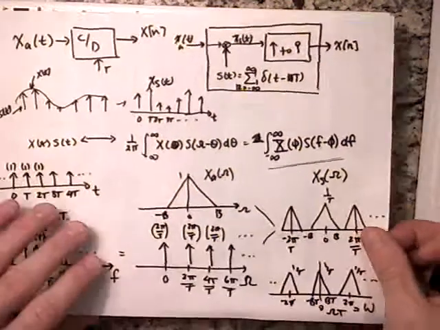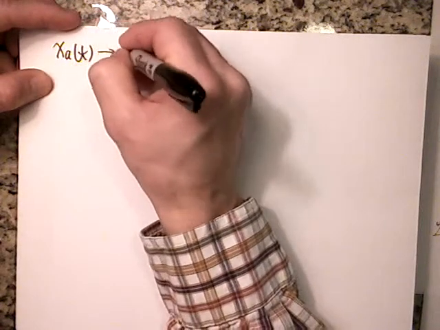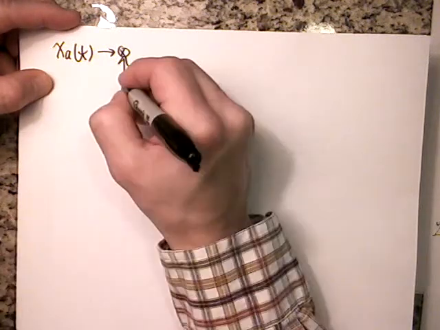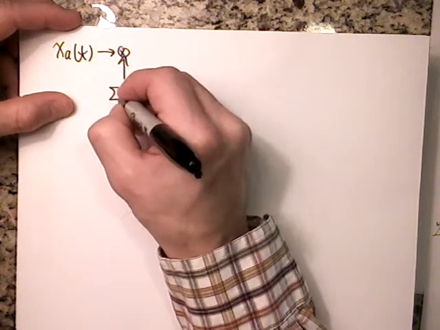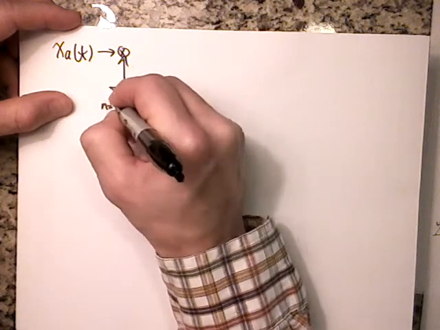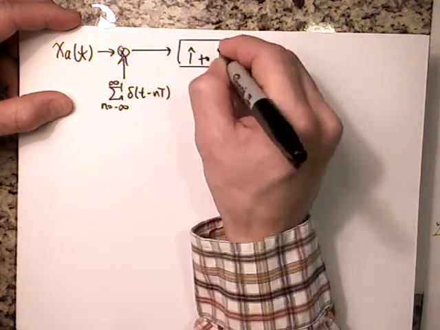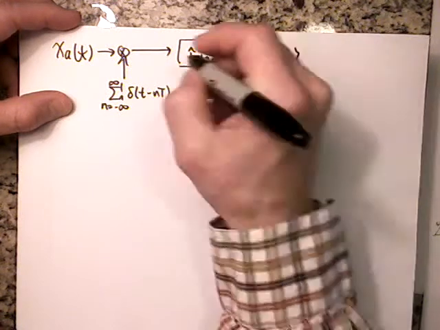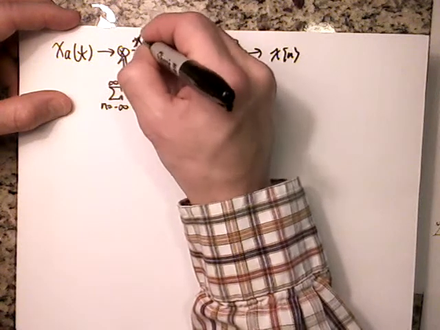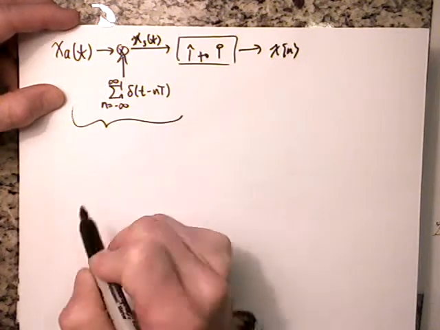So that two-step process of multiplication by an impulse train and then converting impulses to samples has two components.